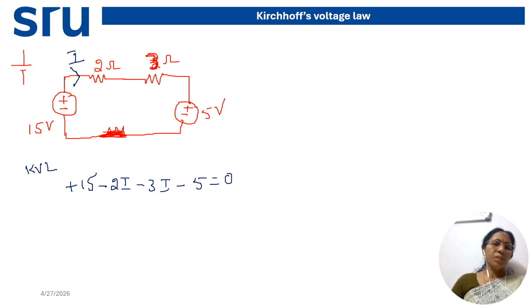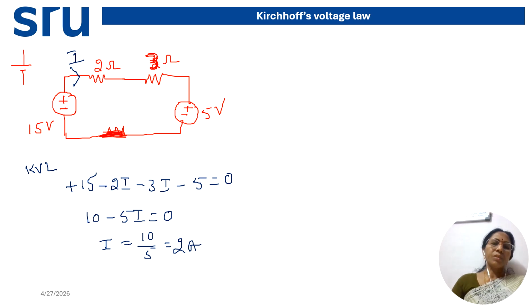Now plus 15 minus 5 is 10, and minus 2I minus 3I is minus 5I, equals 0, and from this you will get current, 10 by 5, that is 2 ampere.